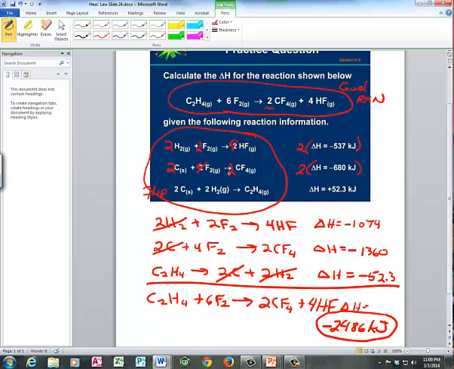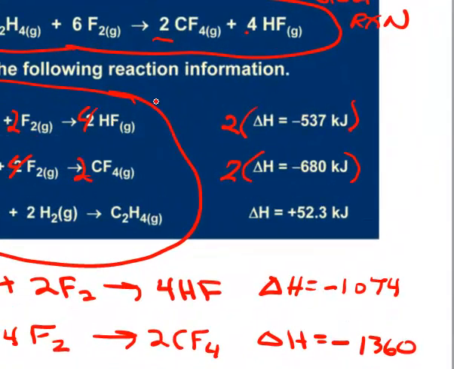I have to do a little manipulation. Again, the first thing I do is look for a reaction that I might have to flip. You may not have to flip a reaction, but often you do. Then if I need to multiply one of my path reactions to get the number, in this case, of HFs to match the target reaction, I multiply by that factor.